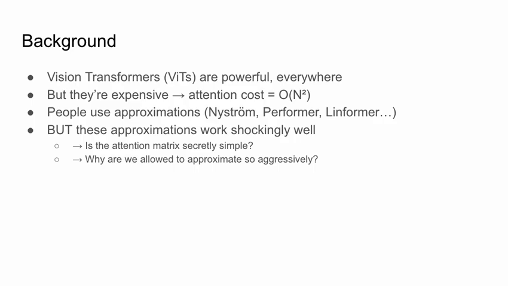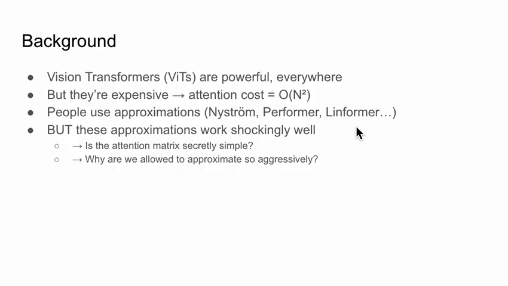So vision transformers are everywhere. Do you know CLIP, ViT models? But they are expensive. Self-attention scales quadratically with the number of patches. Over the years, we had tons of approximations like Nystrom, Performers, Linear Transformer, etc. And these methods often work surprisingly well.